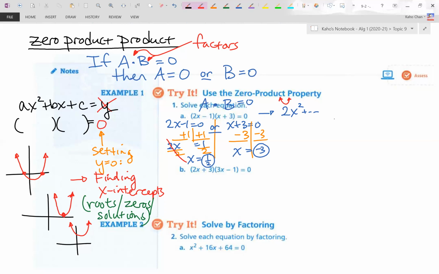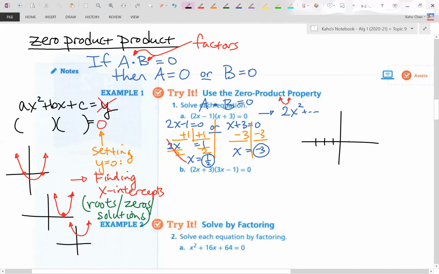To summarize briefly, the two answers we just got, -3 and positive 1/2, are where the parabola crosses the x-axis. It opens upward, and those are your x-intercepts.